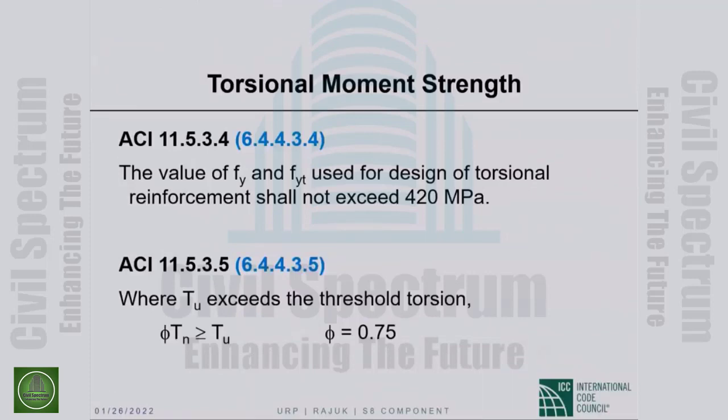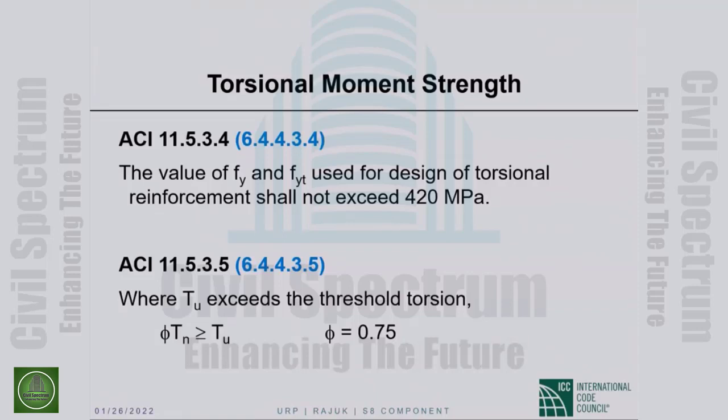Now the value of f sub y, this is the yield strength of the longitudinal reinforcement, and f sub yt, the yield strength of the transverse reinforcement used for design of torsional reinforcement, shall not exceed 420 MPa. Very important limit, and you absolutely need to keep in mind with all kinds of high strength steel around.